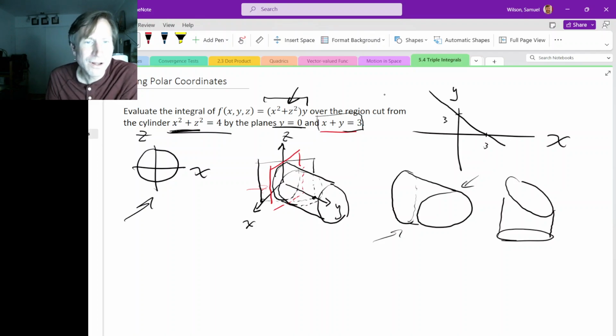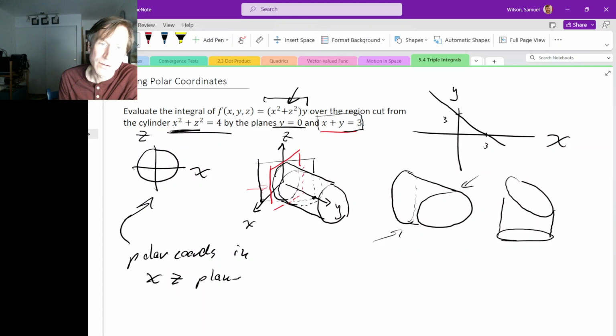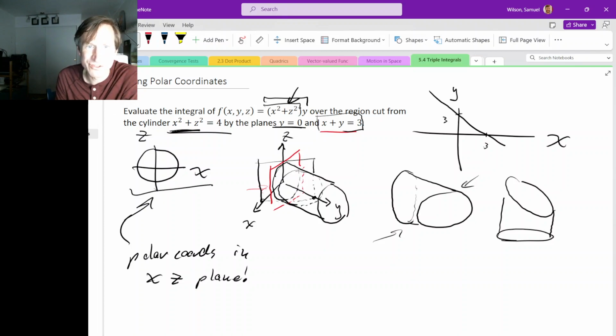Well, we can use polar coordinates, just for the xz plane, because in the xz direction, those are the things that made us think of using polar coordinates. So let's use polar coordinates in the xz plane.